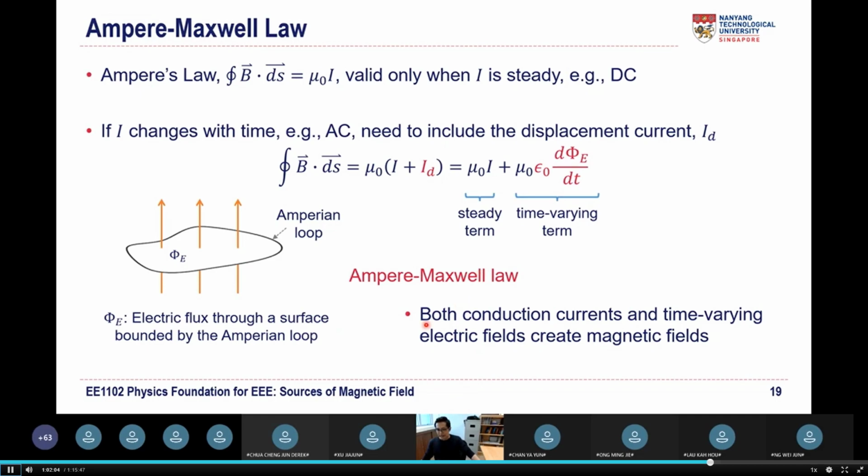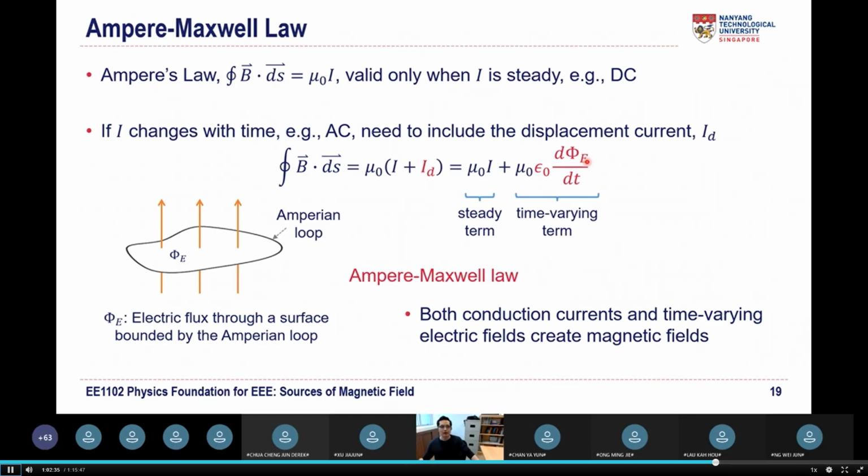What this says is that both conduction currents, meaning something that is steady state, and a time-varying electric field are going to create a magnetic field. So it is possible to create a magnetic field not just with a steady state current, which we compute using the right-hand grip rule and so on, but also a time-varying electric field is going to create magnetic fields. That's the meaning of this additional term.